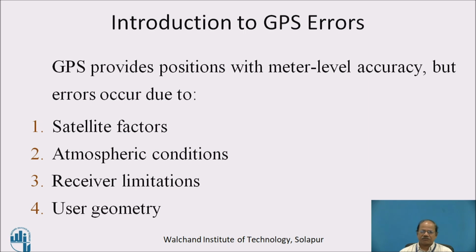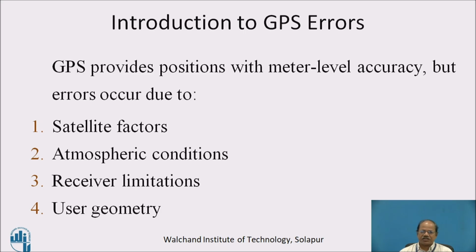These do affect the error in the user's handset. The other one is related to the receiver limitations. The receiver itself may have a lot of limitations because the hardware is there, the clock inside the receiver is there. These may also be resulting into the error in GPS.